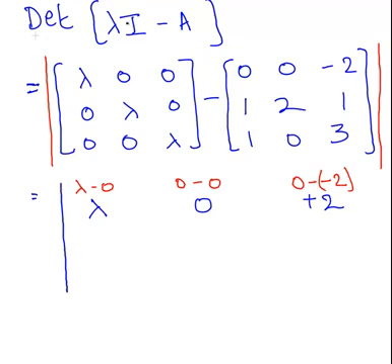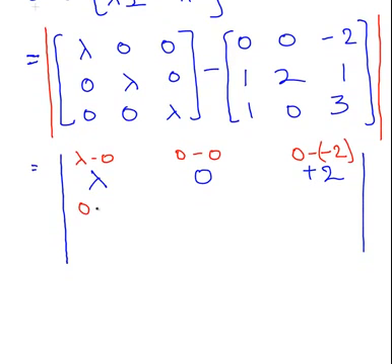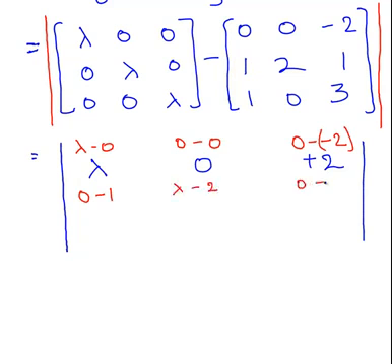Next line: 0 minus 1, then lambda minus 2, and 0 minus 1 again. So the middle row is minus 1, lambda minus 2, and minus 1.